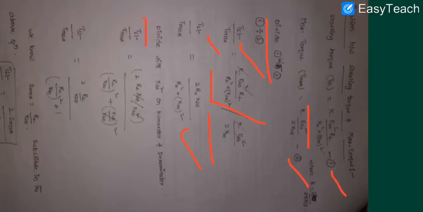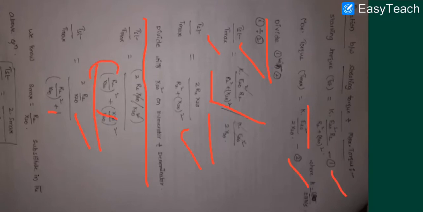In order to simplify further, I am dividing numerator and denominator by X20 square. The remaining term is 2 times R2 by X20, because X20 gets cancelled, and in the denominator X20 by X20 is replaced with 1, and here we have R2 by X20 whole square.